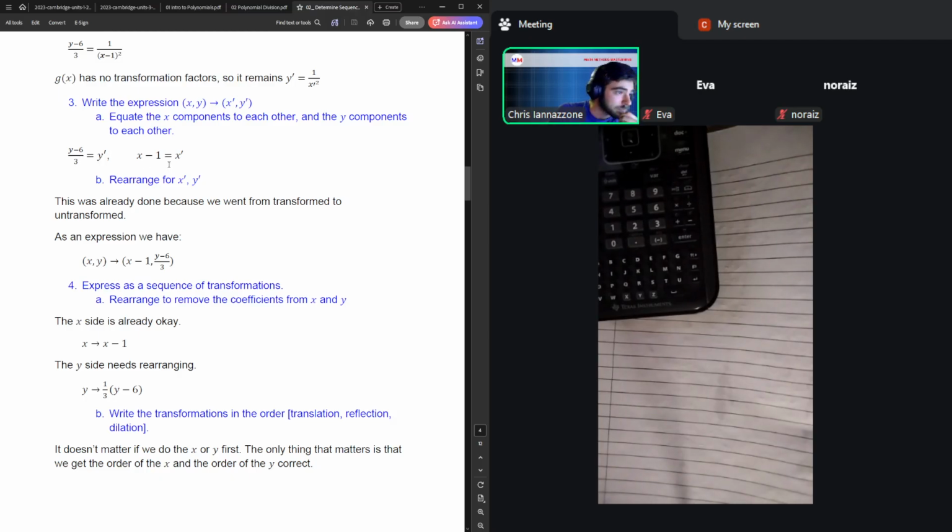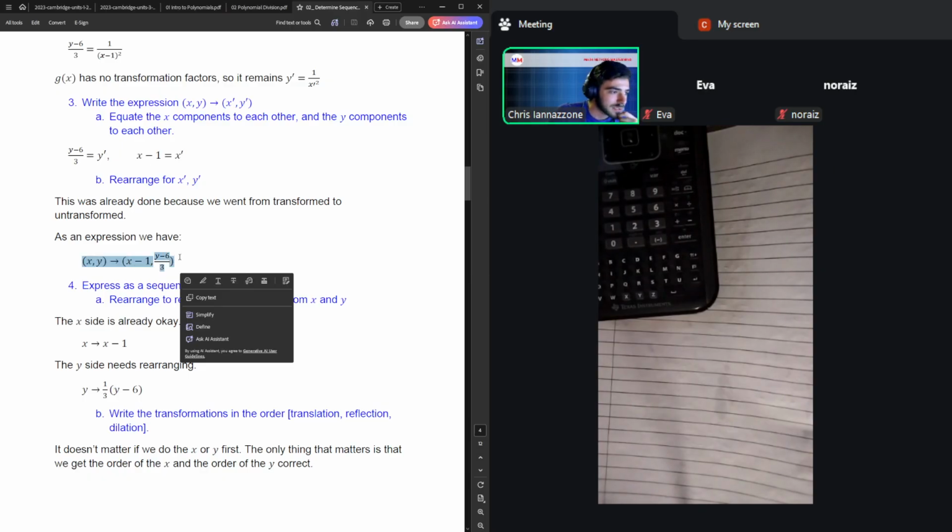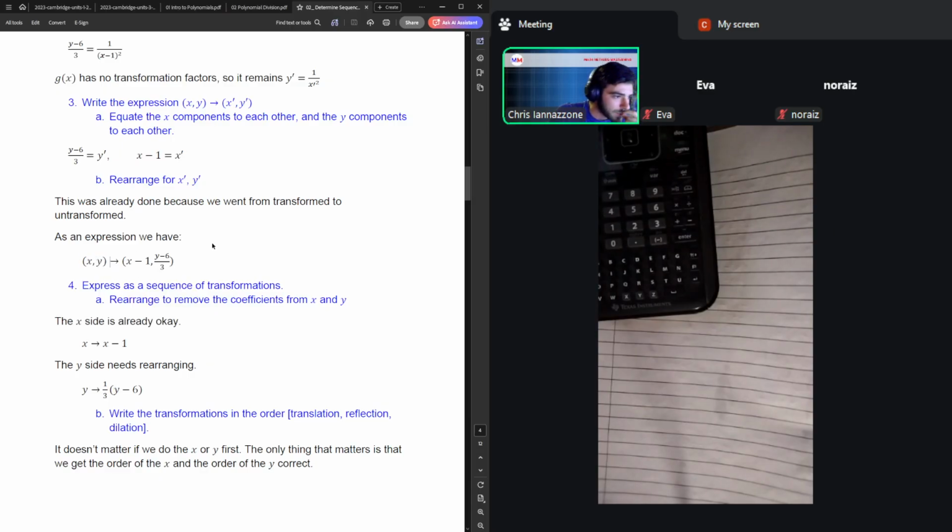So what do we do? Well, x dash is the same thing as x minus 1. So if x dash is the new x, then what you have in point notation is you say you're starting from this point x, y, and you're mapping it to this new point, which is what x dash and y dash are. You're just grabbing those and putting them in that spot.